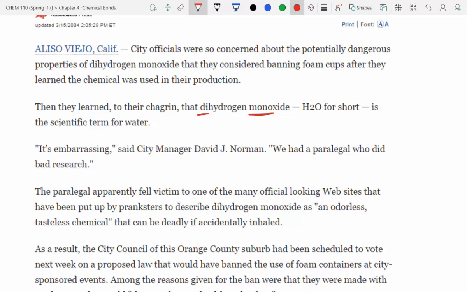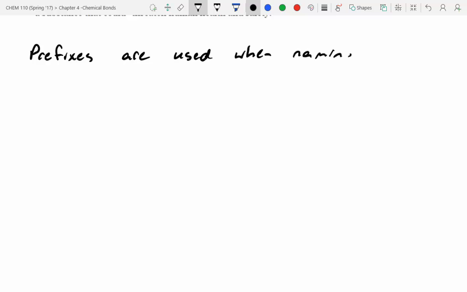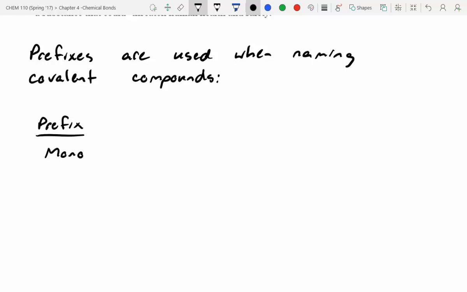So let's go through all the prefixes that are used in naming. So the first one we said is mono, and that indicates 1.